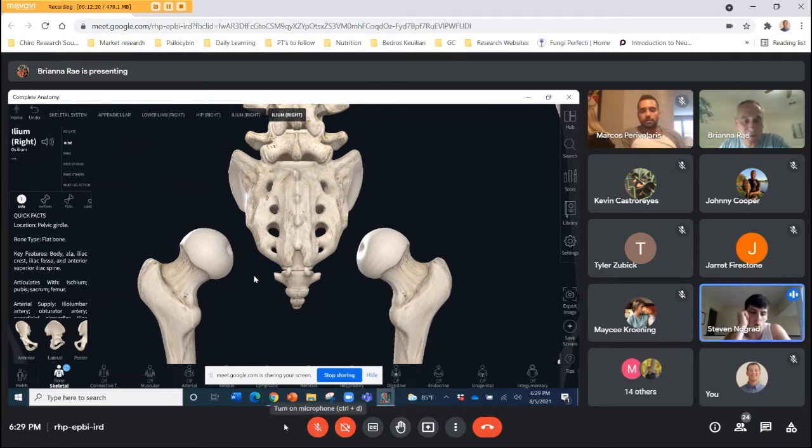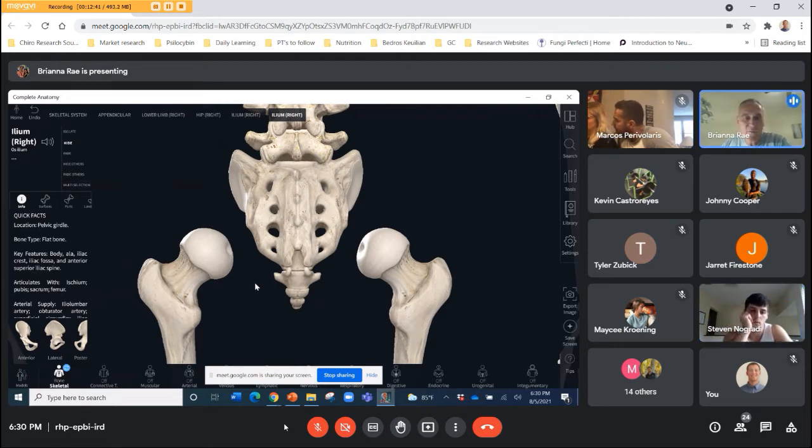Dr. Meisel, if someone didn't have an anatomically short leg and their femur head heights were equal, but they did have a malformed sacrum that was tipping it down on one side or the other, how would you approach that patient? Would you try and level out the sacrum, or since the femur heads are level, you'd leave it?